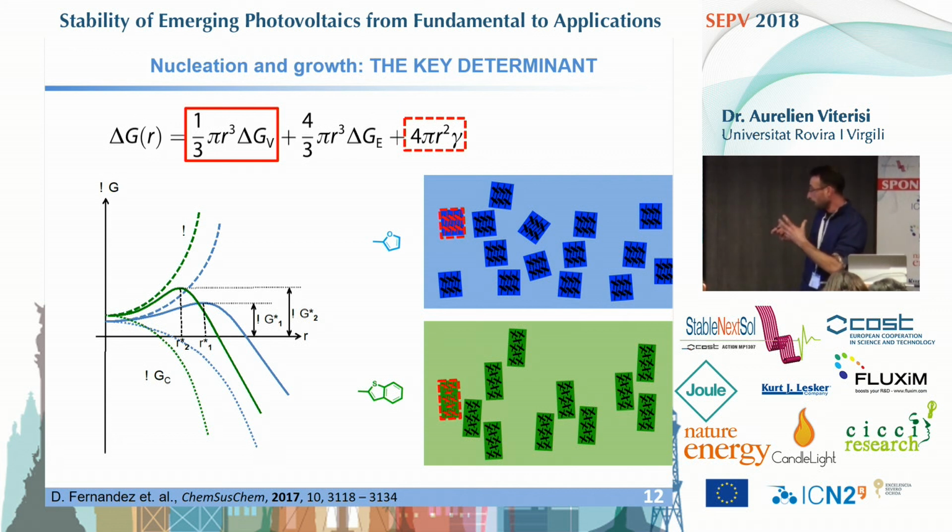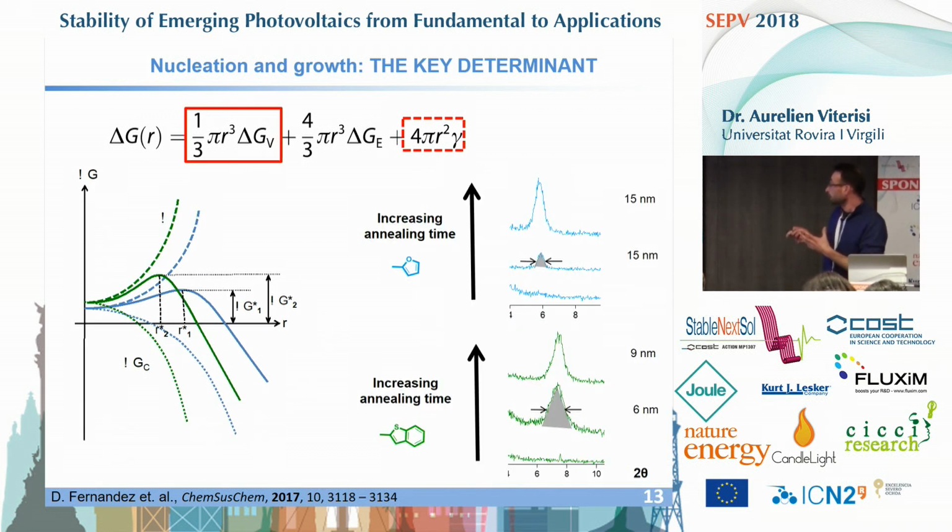We've quantified these free energy terms, and we get to that final profile in which the critical radius is the critical size of the nucleus to grow past for the process to become favorable. We see that our experiments fit quite well with this model, in which we observe that the blue molecule always forms larger crystallites than the green one.